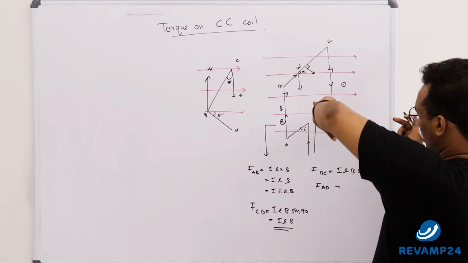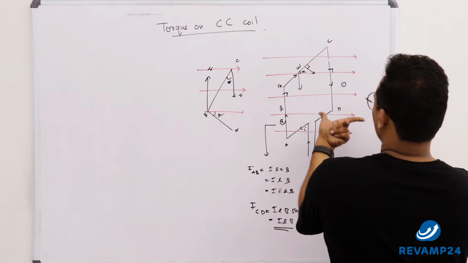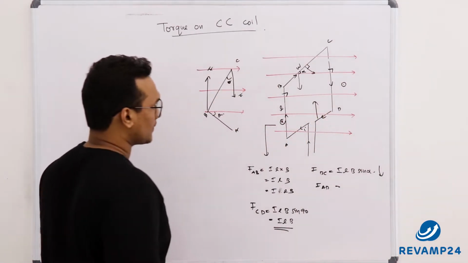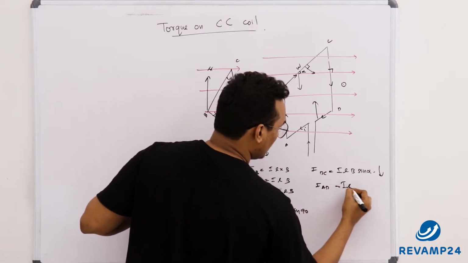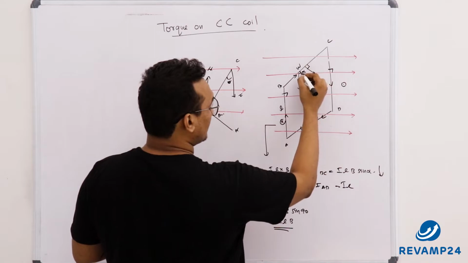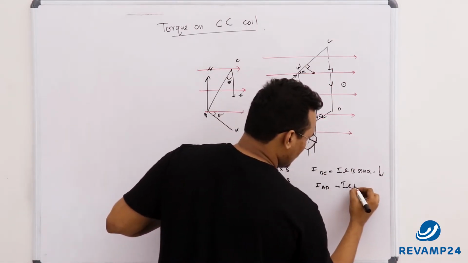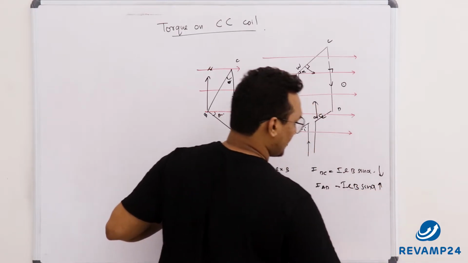Magnetic field, then current is in this direction, so that will be upward direction. What is the value? FAD is equal to I into L into B into sin alpha, here also it is the same angle, alpha. Upward direction.